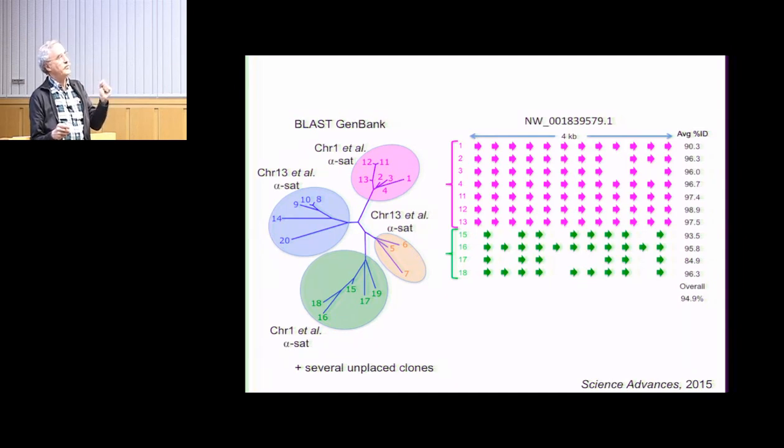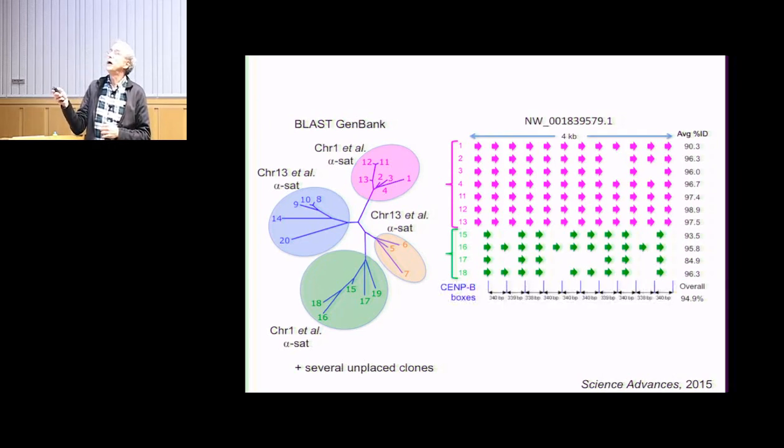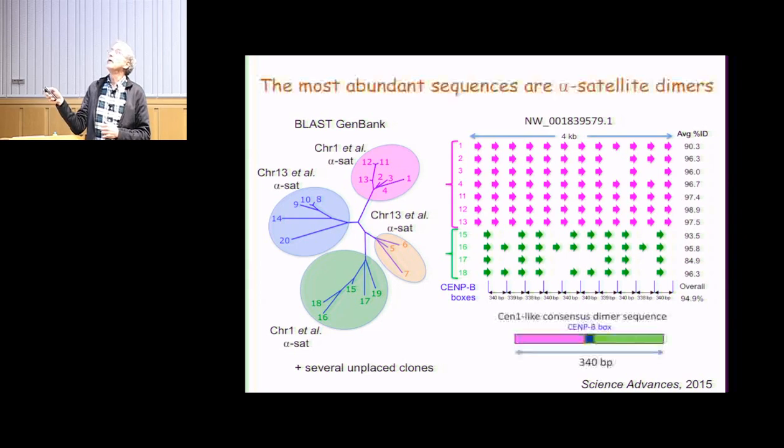And it only binds to centromeres, as far as we know. And it's the only DNA binding protein in centromeres. It's called the CENP-B box, its motif. So we find that motif every 340 base pairs. So we have this very precise dimeric unit of the CEN1-like consensus.